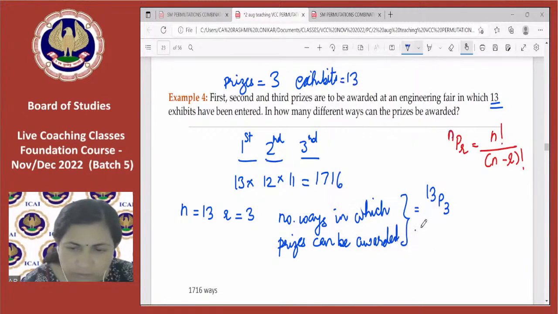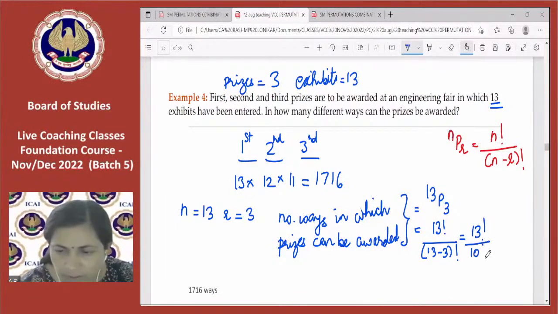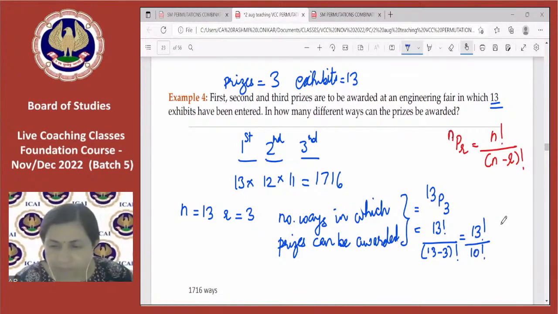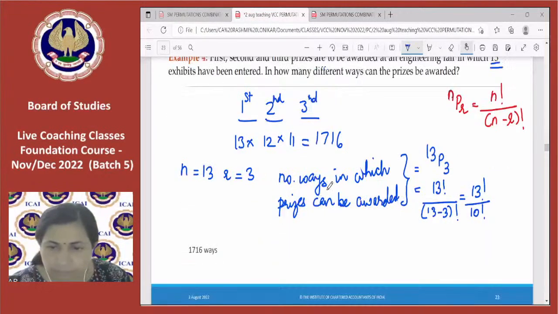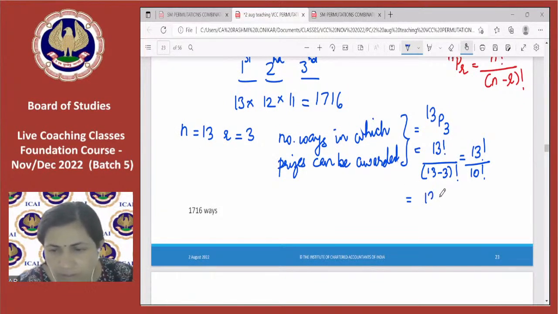This is equal to 13 factorial upon (13 minus 3) factorial, which is equal to 13 factorial upon 10 factorial. So, 13 into 12 into 11 into 10 factorial.